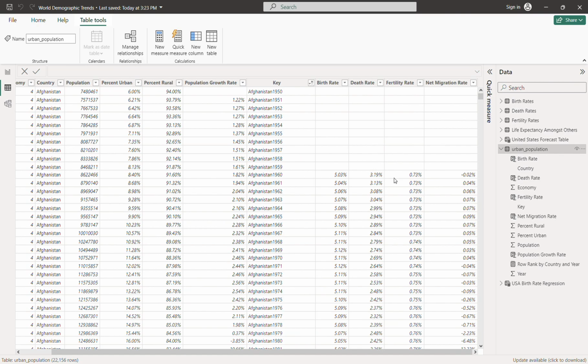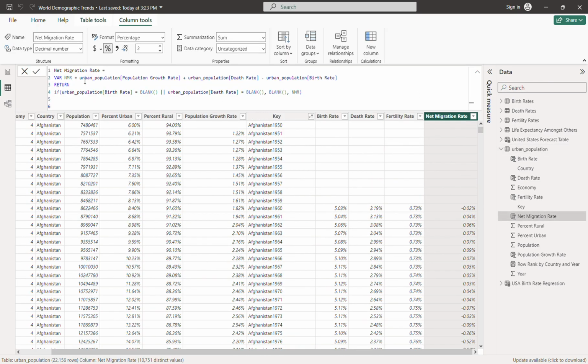And what net migration rate is essentially, if you look at my formula here, is just returning the population growth rate plus the death rate minus the birth rate. And that would be the net migration rate, because if you think about it, the birth rate minus the death rate is going to be equal to the natural population growth.